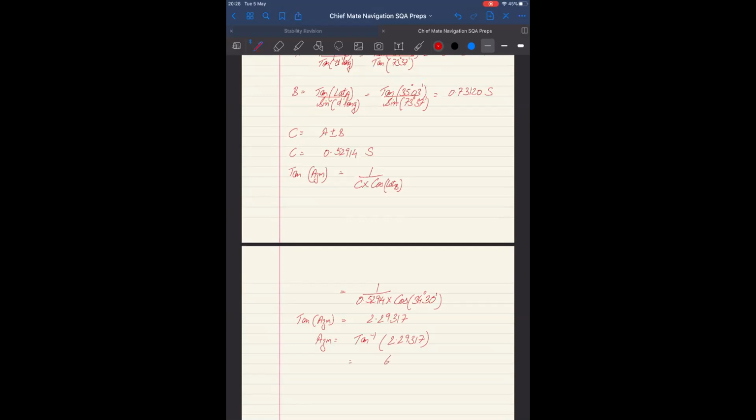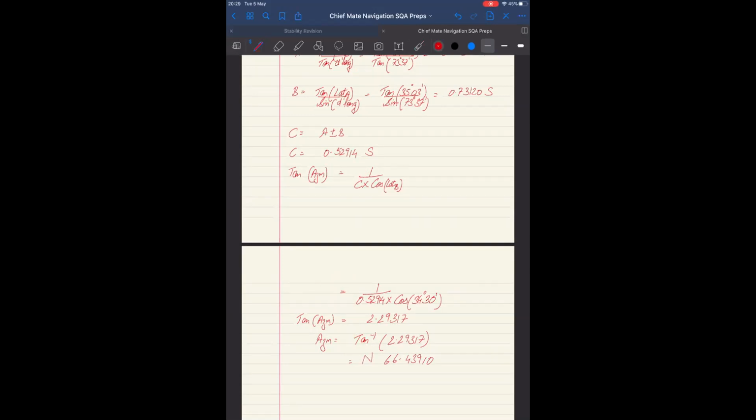We'll get 66.43910. Now the naming is always opposite of C. So C is south, here the naming would become north.